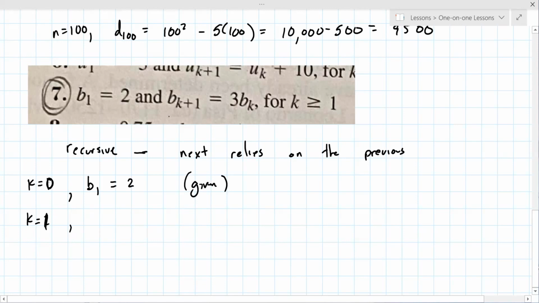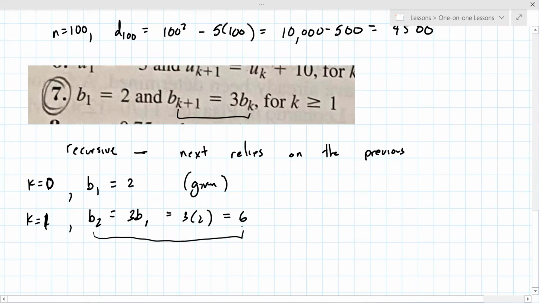When k is 1, when you put 1 in for k here, you get b sub 2 equals, because that's 1 plus 1, equals 3 b sub 1. Okay, so I just put k equals 1 in here and here and here. And then you have b sub 1. B sub 1 is 2, so this is 3 times 2, which is 6. So your b sub 2 is 6.